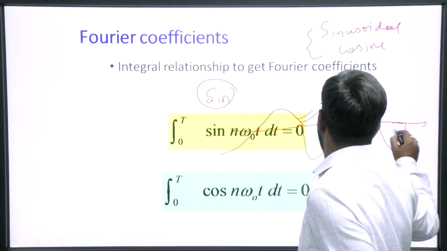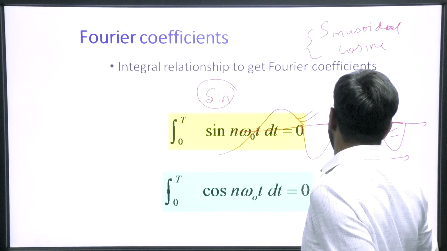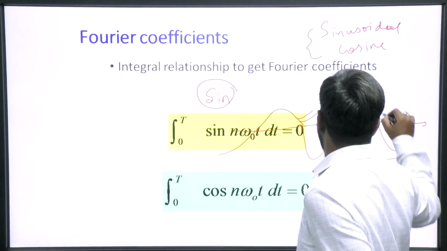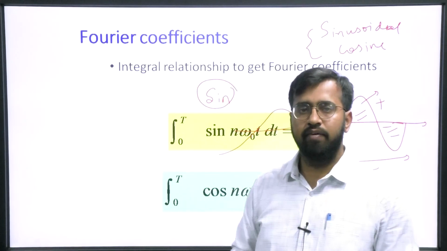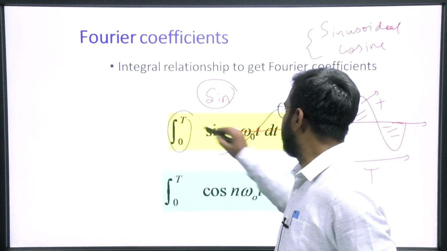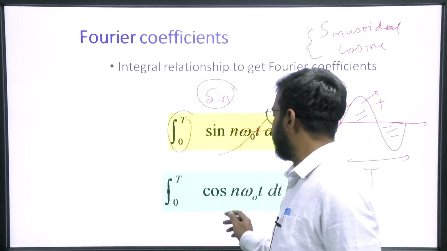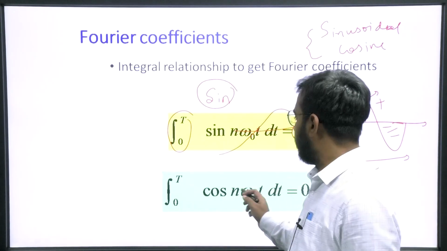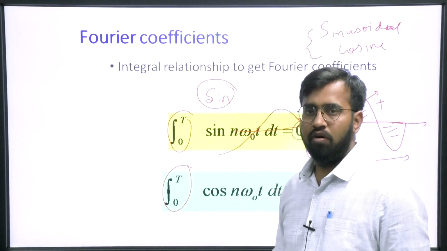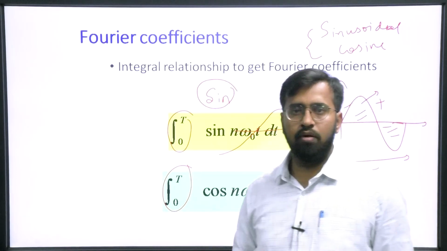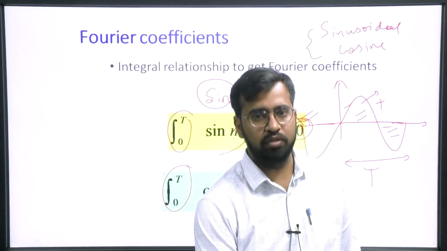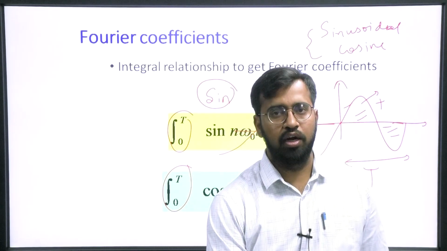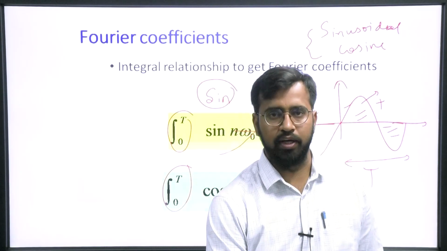If you calculate the area, we can see it has a positive area and a similar negative area. If you sum the positive area and the negative area, over a time period it comes equal to 0. Similar is the case for the cosine signal. In a time period T, it will have equal positive plus negative area. So this is the integration we must remember before learning the coefficient values of a_n and b_n.